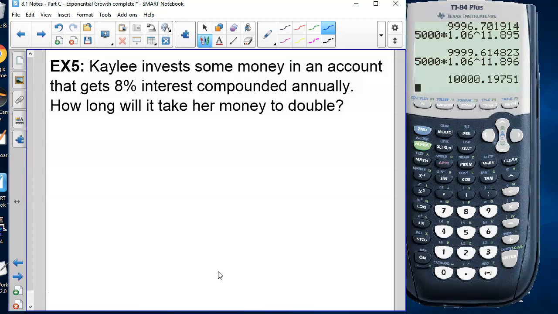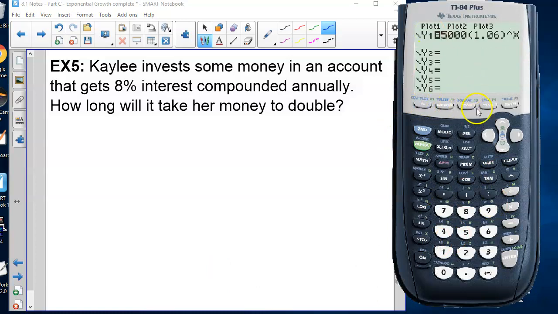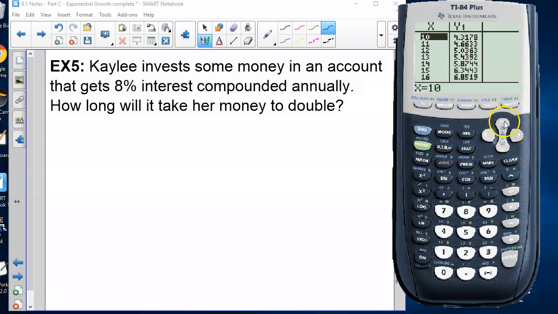Okay, alright, so several of you made up different numbers here. Julie over there had 2, so 2 times 1.08 to the x power. Okay, between 9 and 10.